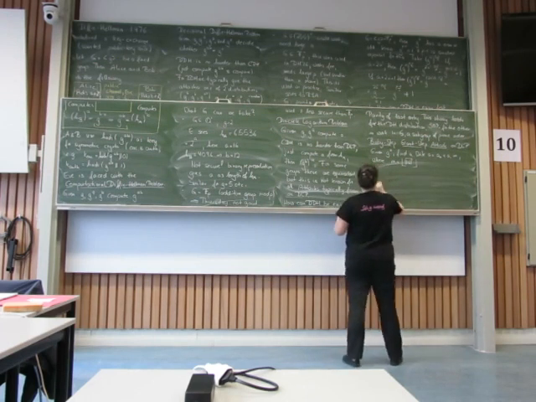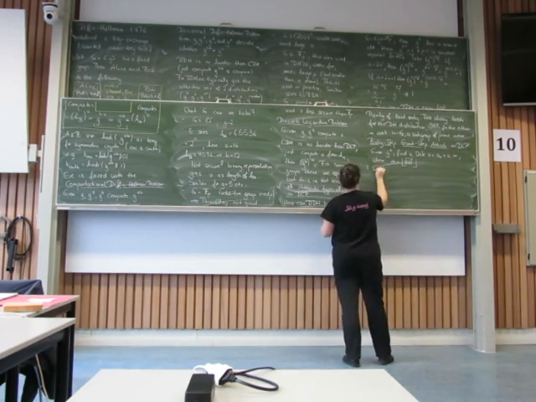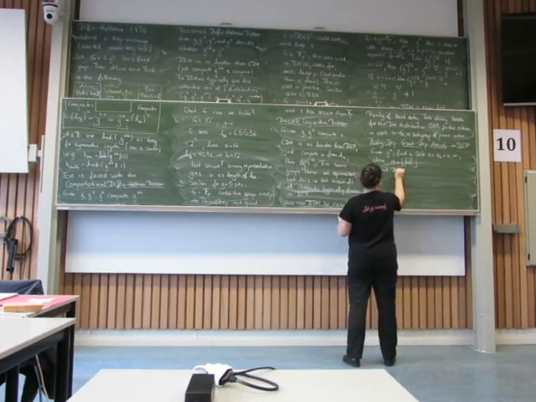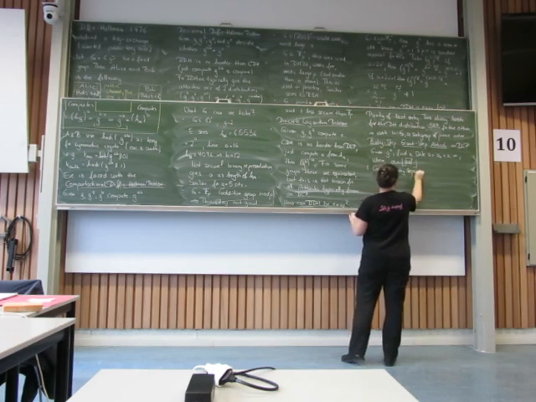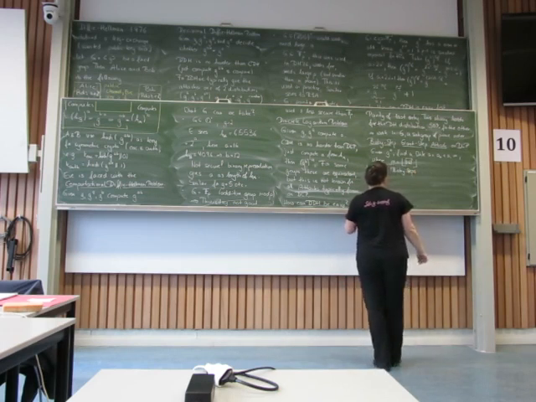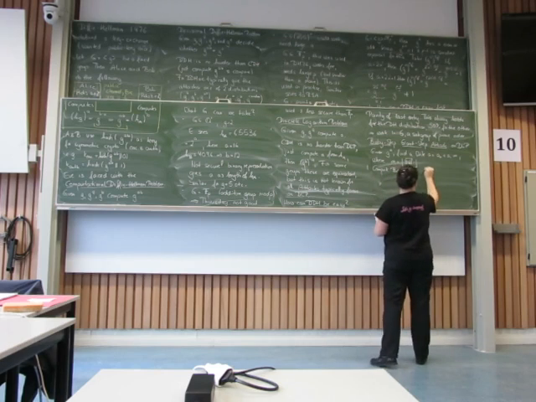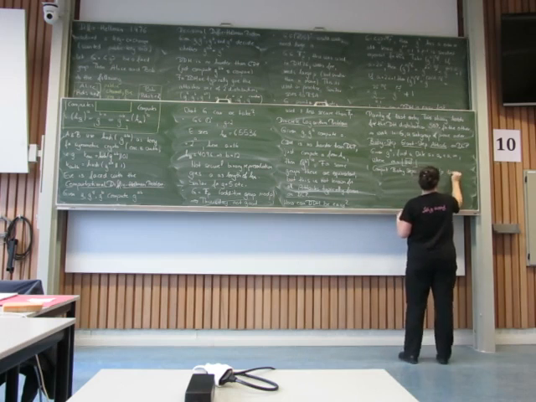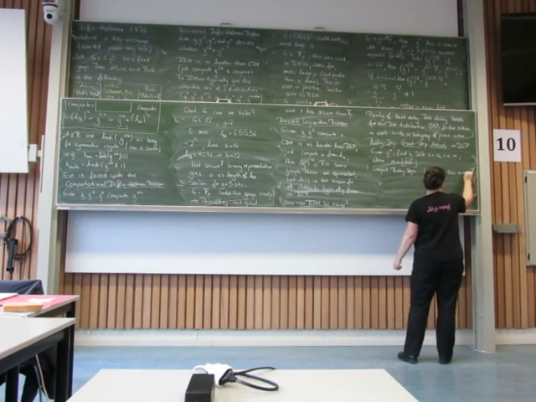And then we write our baby steps. Those are computing the values i and g to the i, for i from 0 till strictly less than m.